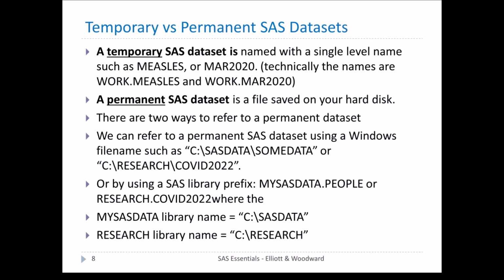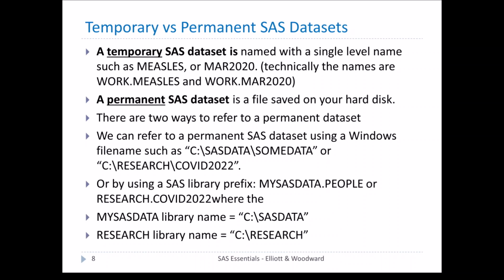And we're going to see that there are at least two ways we can refer to this permanent data set. One is by using the Windows file name, such as, quote, C:\SAS data\some data. That means that we're creating or referring to a data set named some data that is stored in the SAS data folder on our C drive.